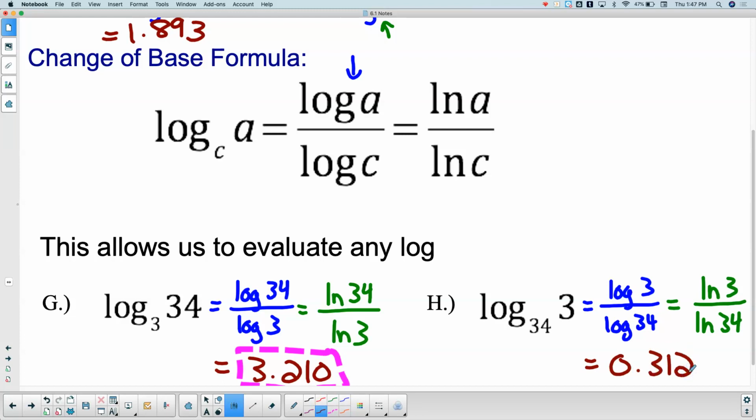And I get 0.312 for the other one. Questions, comments, concerns? Didn't get that on your calculator? Need some clarification? Parentheses make a difference on your calculator. Closing them, adding them in makes a big difference. Just so you are aware.